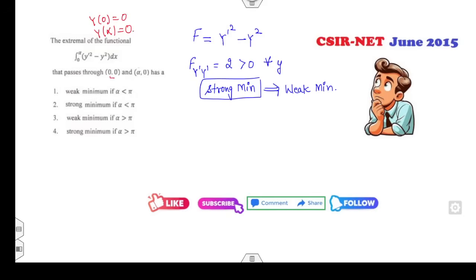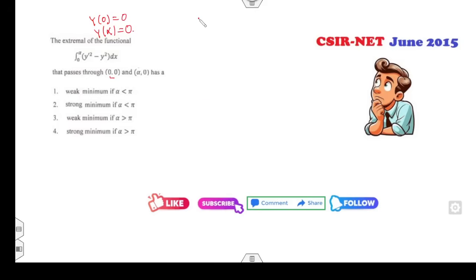my 0. तो पहले सोल्यूशन निकाल लेते हैं इसका. What could be the solution of the problem? I can start with the Euler equation: partial derivative of f with respect to y minus d over dx partial derivative of f with respect to y dash equals 0. So it is minus 2y, and again with respect to y dash it's a y double dash.